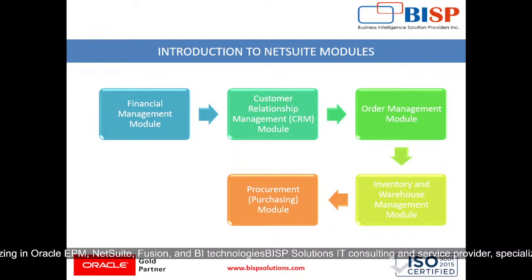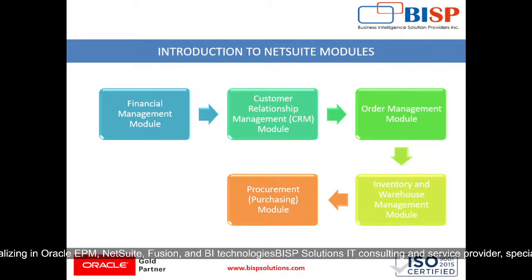Then budgeting and forecasting, tax management, multi-currency and multi-book accounting. It all supports financial operations and provides financial insights, such as what the sales or purchases are, or what bills or invoices need to be prepared, like that.